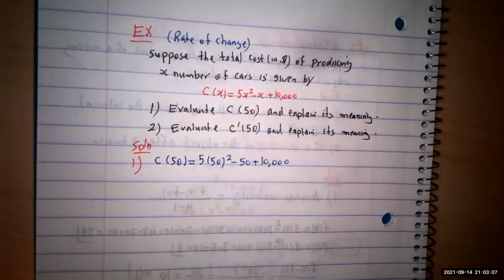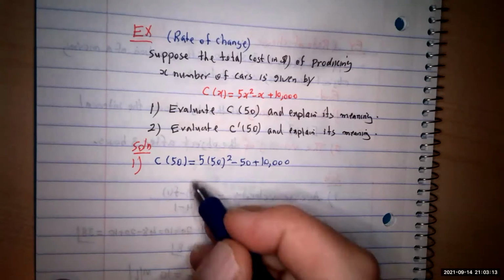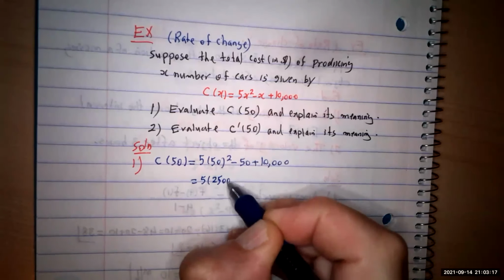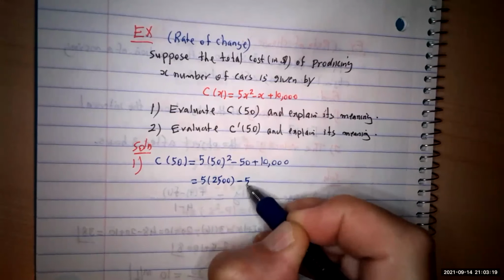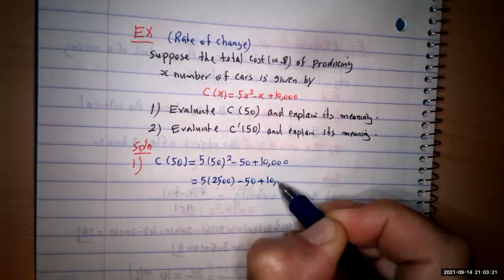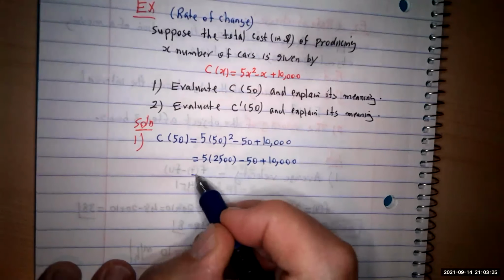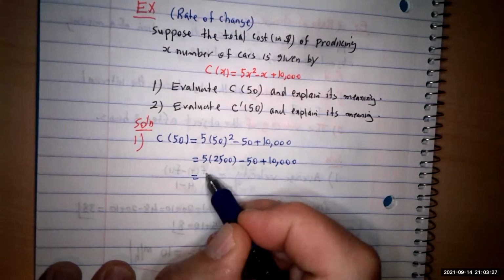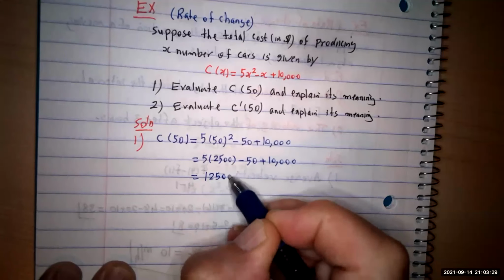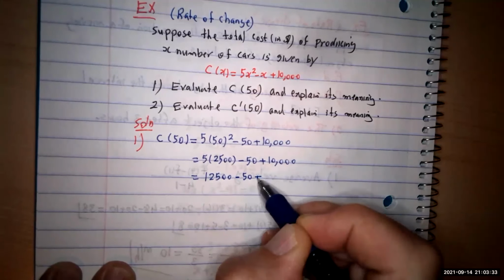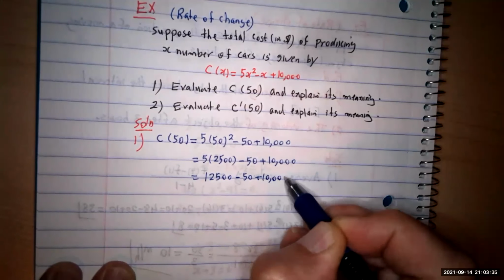Carefully simplify. 50 squared would be 2,500. So it's going to be equal to 5 times 2,500 minus 50 plus 10,000. 5 times 25 would be 125, plus 2 zeros, minus 50, plus 10,000.